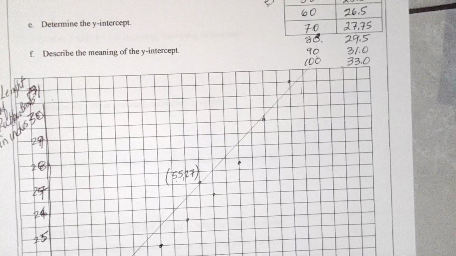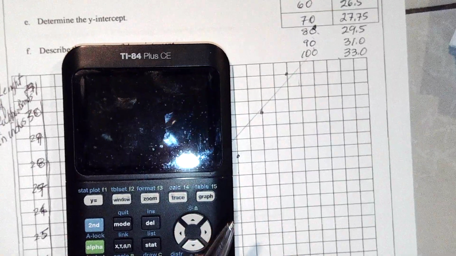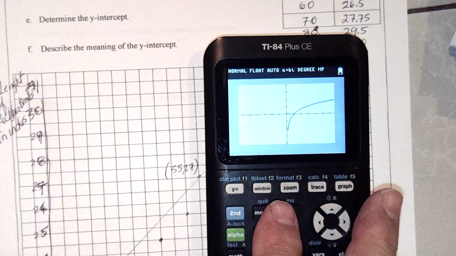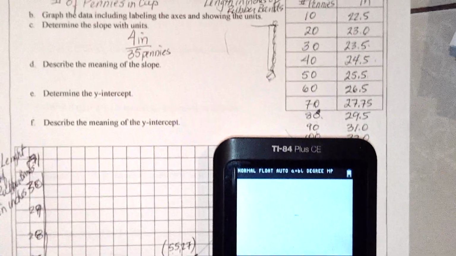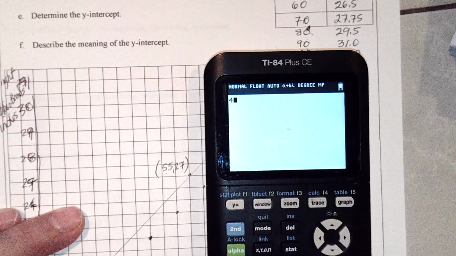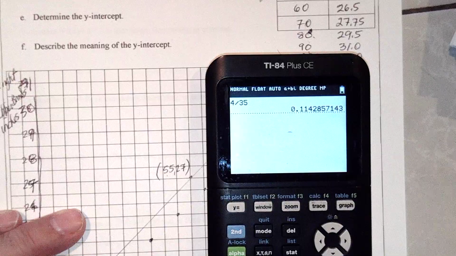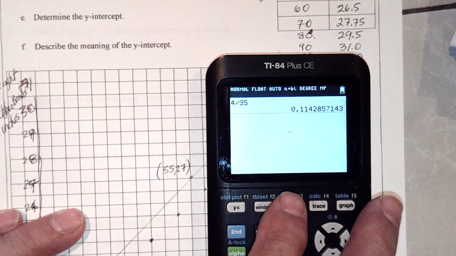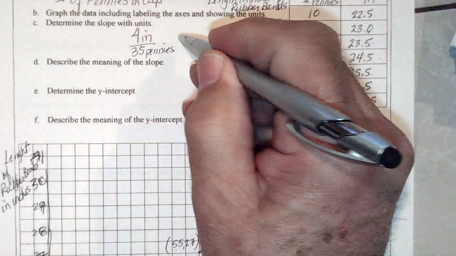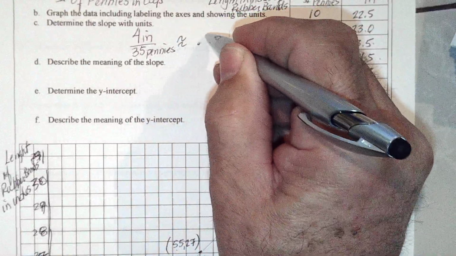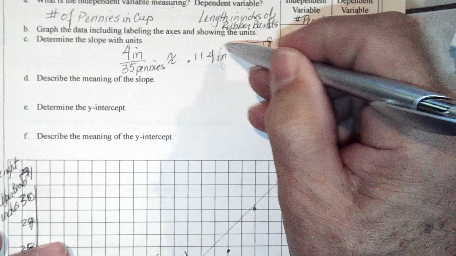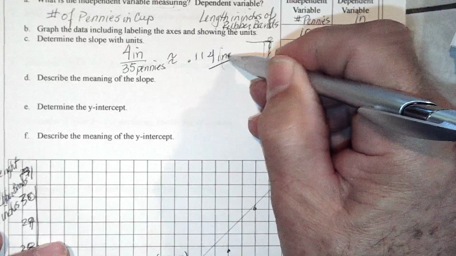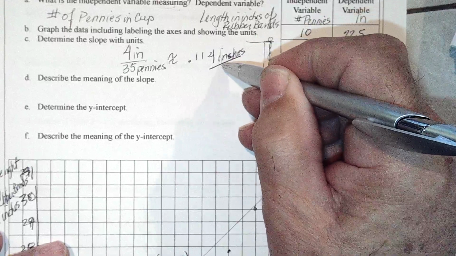There it is. And get a decimal value for this. So I have 4 divided by 35, 0.114. It's approximately 0.114 inches per penny.